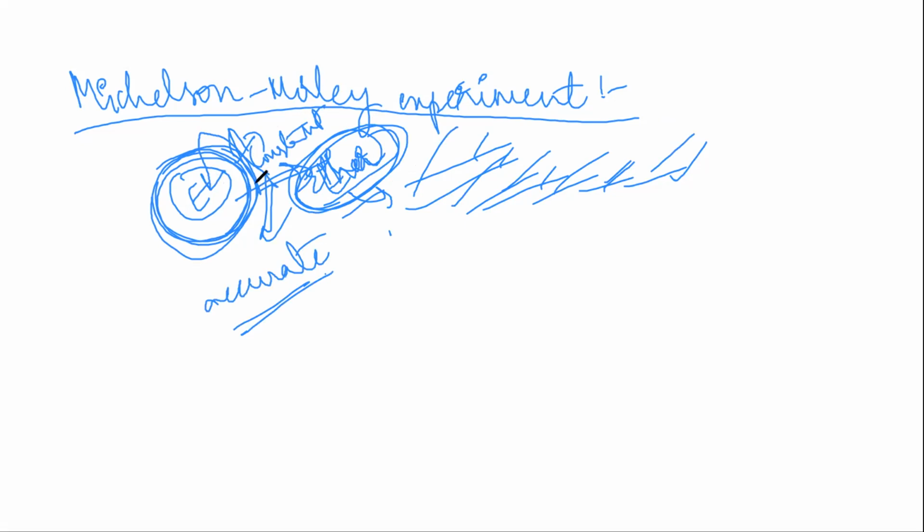They considered this assumption. Okay, so hence Michelson and Morley carried out one experiment. I told you yesterday in the previous class that Michelson won the Nobel Prize in 1907. He was the first American scientist to get the Nobel Prize. So they wanted to measure the accurate value of Earth's velocity.